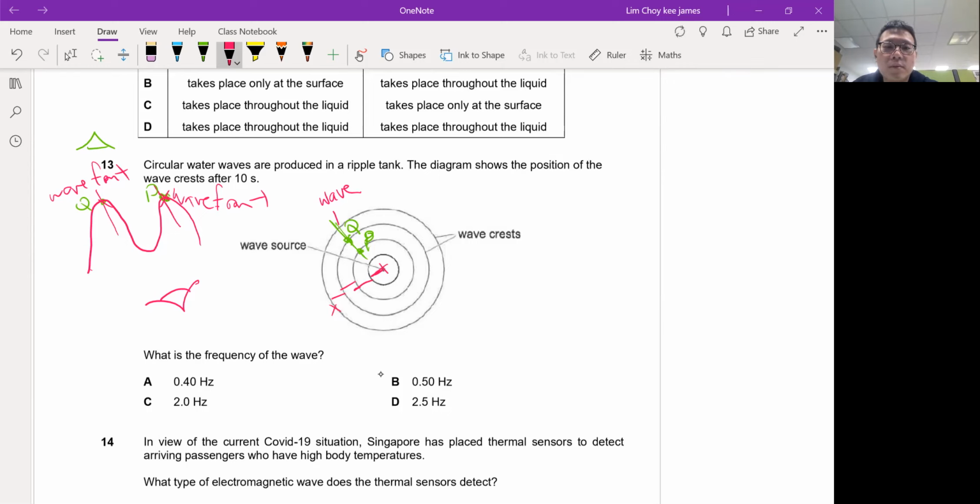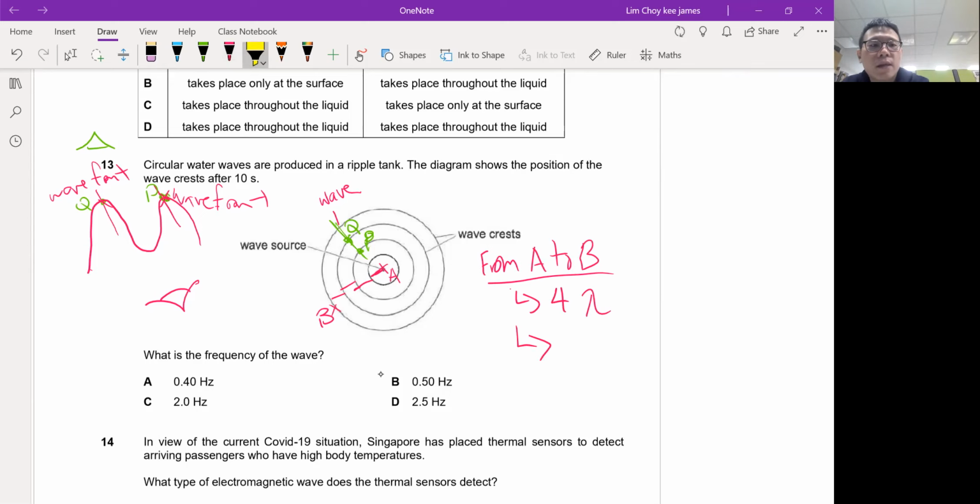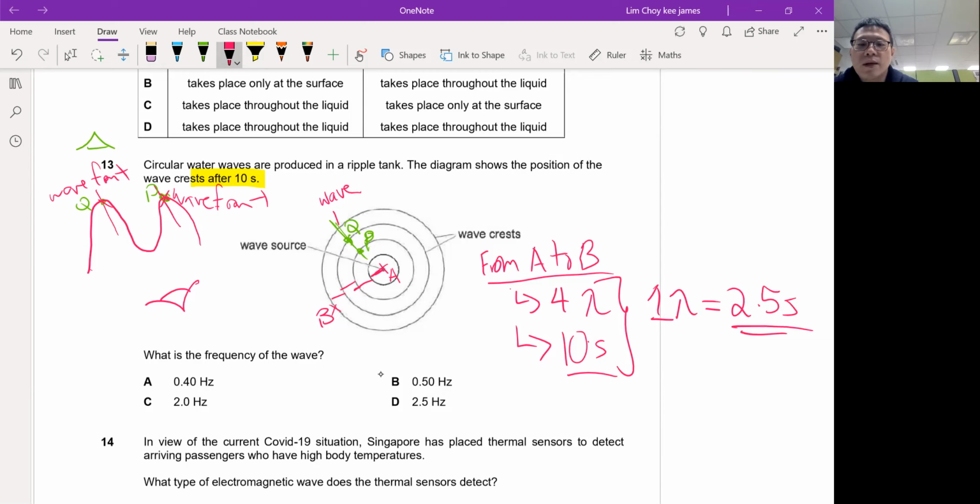Let's say from A to B, there are actually 4 wavelengths, 4 lambda, and based on the question, it takes 10 seconds to travel from A to B. So effectively, one wavelength takes roughly 2.5 seconds to travel.